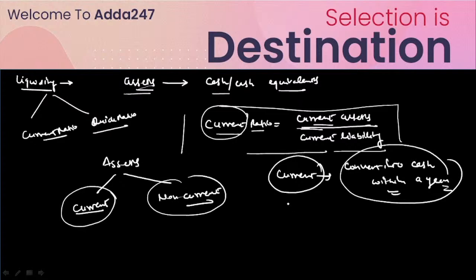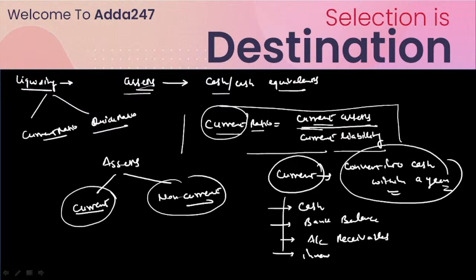Like cash, bank balance, account receivables, inventory. Inventory means stock. So all of that is related to our current assets.